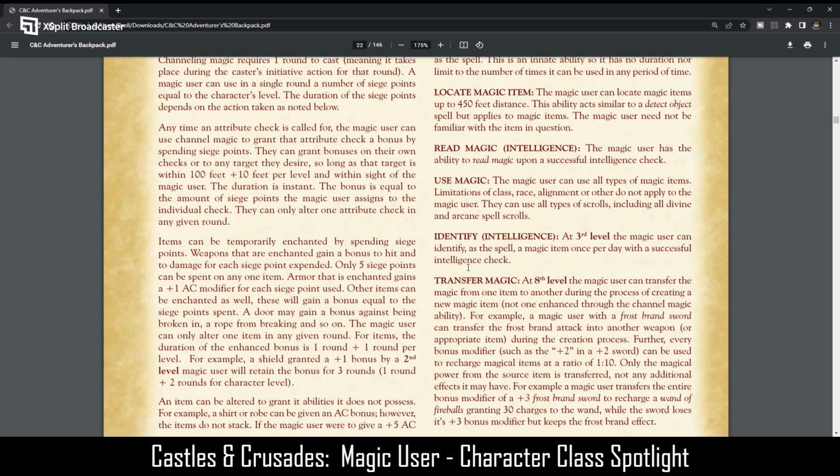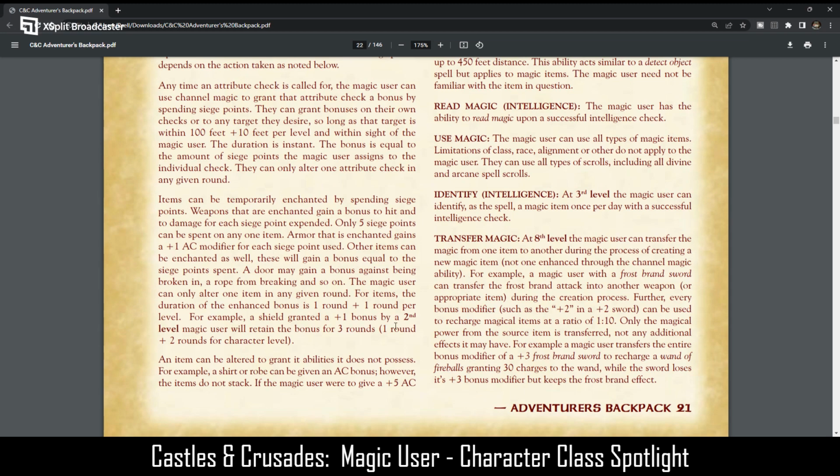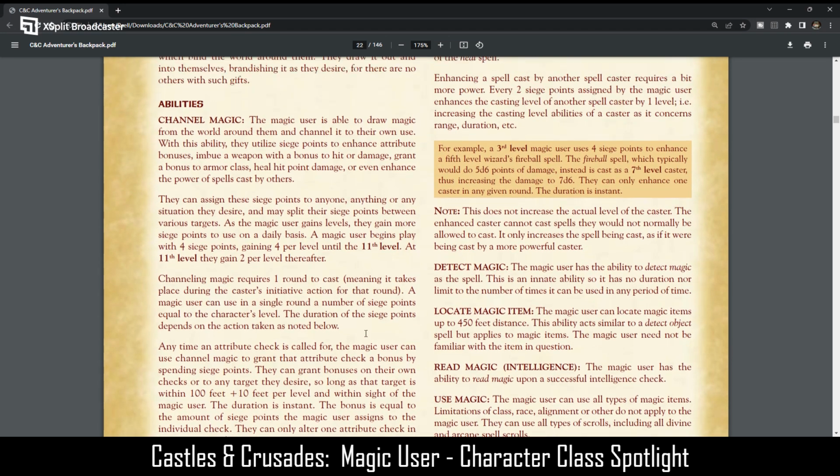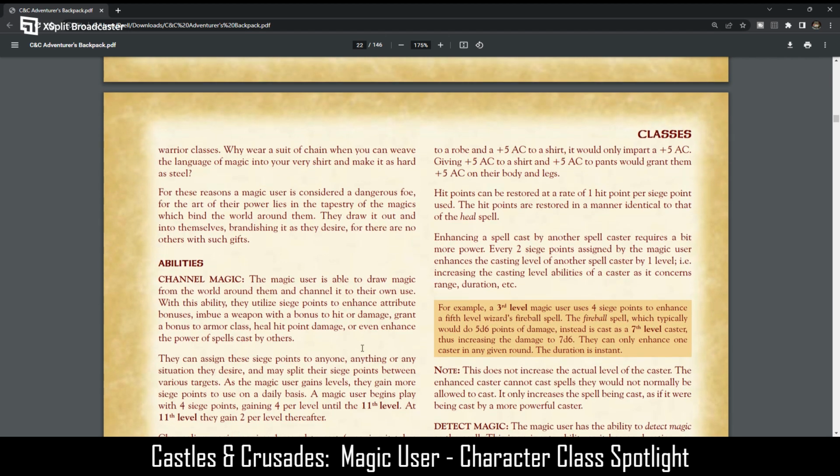For example, a shirt or robe can be given an AC bonus, however, the items do not stack. If a magic user were to give a +5 AC to a robe and a +5 AC to a shirt, it would impart a +5 AC.